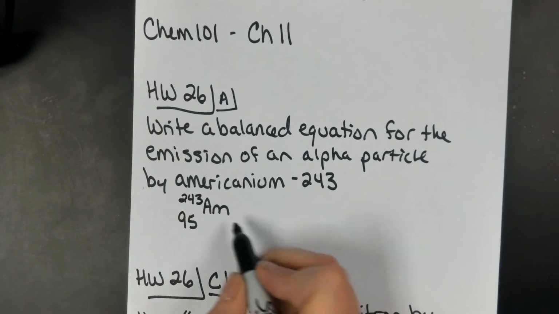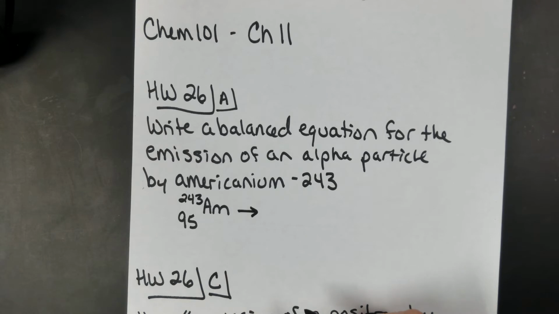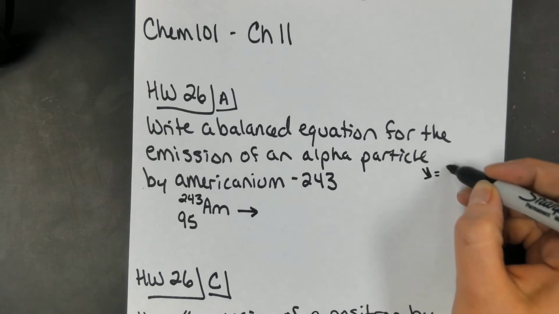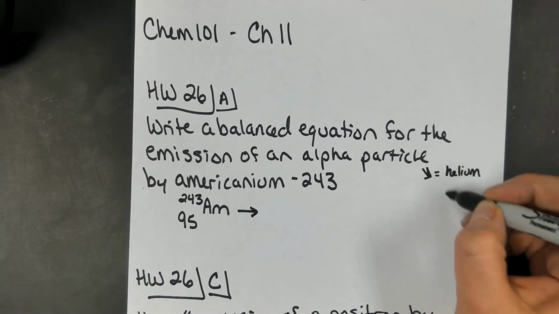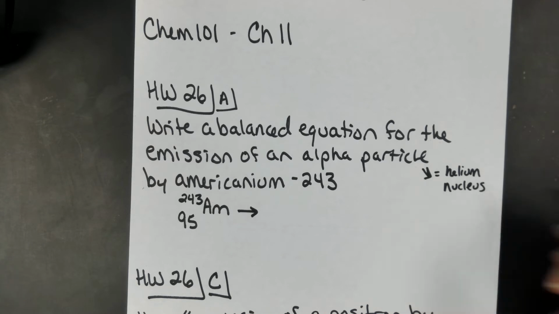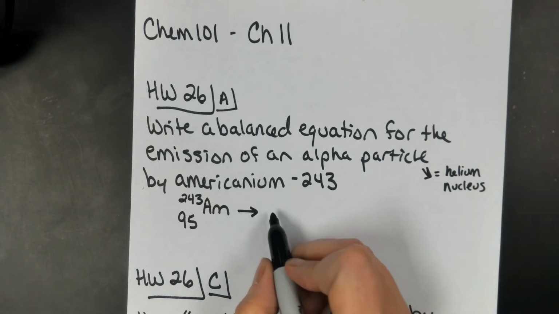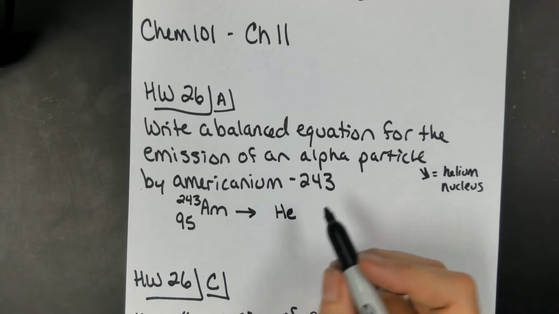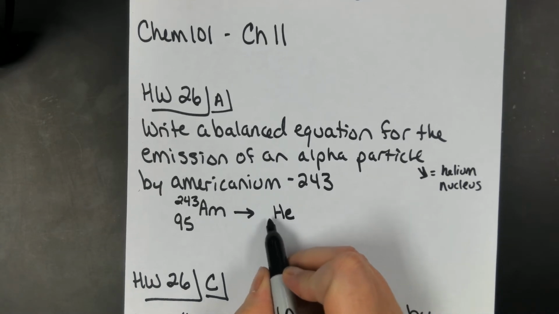Perfect. So if this undergoes the loss of an alpha particle, remember an alpha particle is the same thing as a helium nucleus. And what's the symbol for helium? He. And how many protons does helium have? 2.